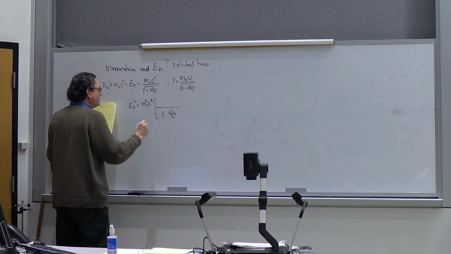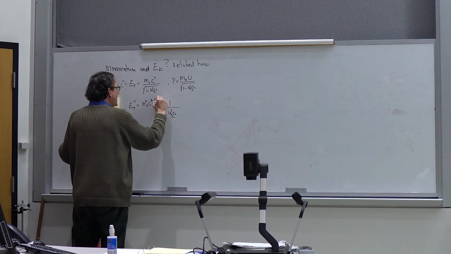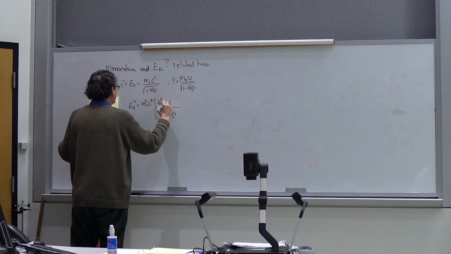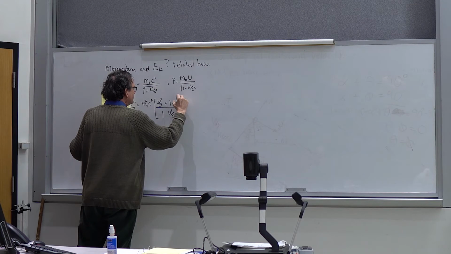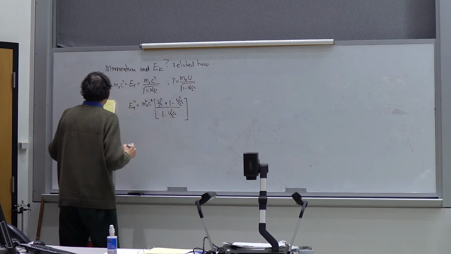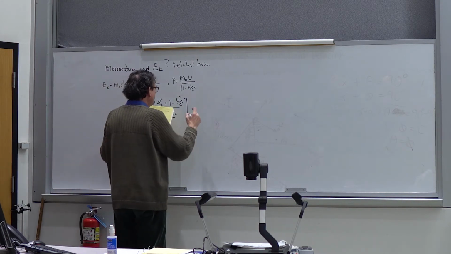In the numerator, I have a 1, but I'm now going to add and subtract a quantity u squared over c squared. So I'm going to add it in, and then I'm going to subtract it out. I'm going to keep going and reducing this.